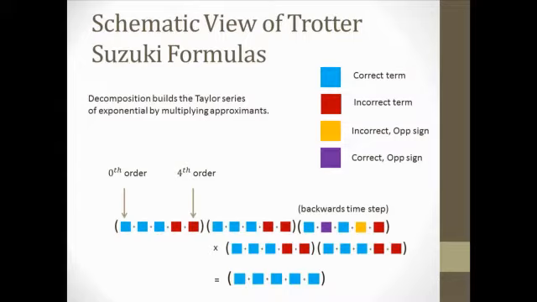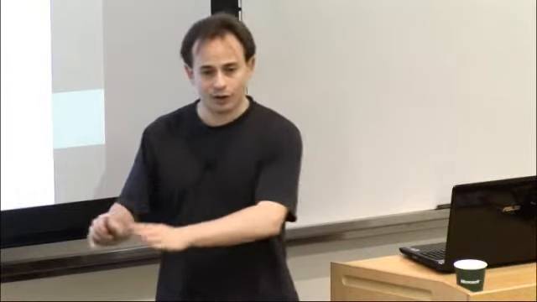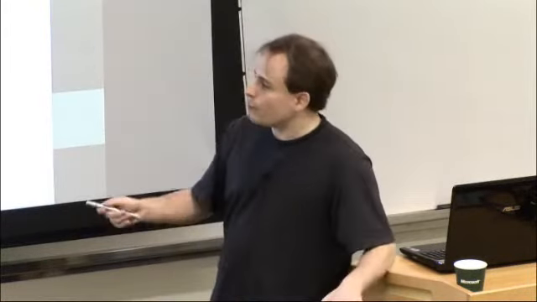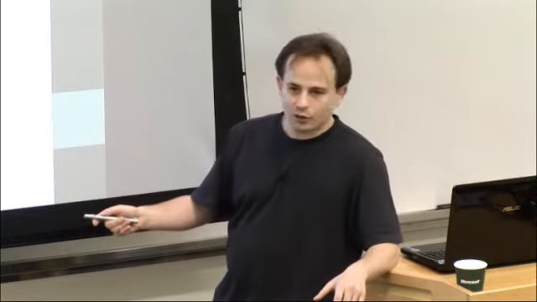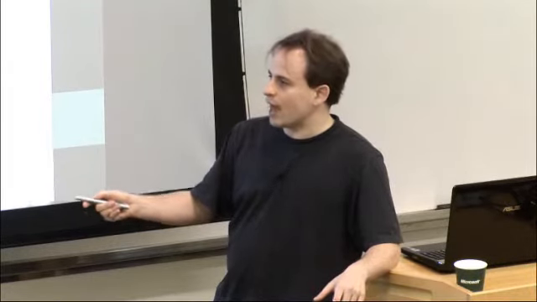And so I'd just like to give you guys a visual way of understanding how these product formulas work, because our approach, in contrast, is going to do something very different. So here, these boxes represent a Taylor series. This first box is a 0th order term in a Taylor series for the time evolution operator. This is the first order, this is the second order, and then these two have errors in them.